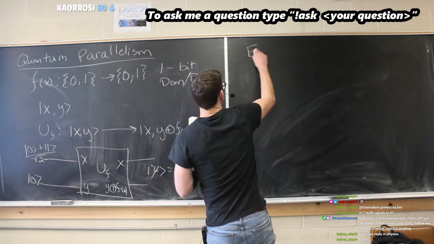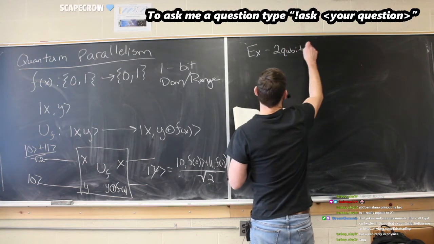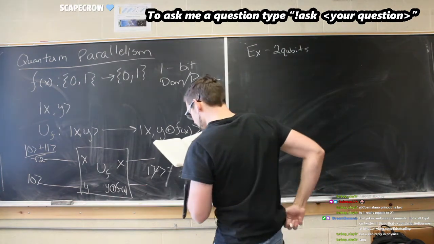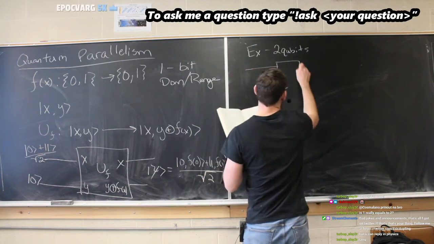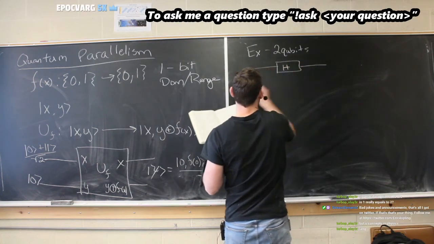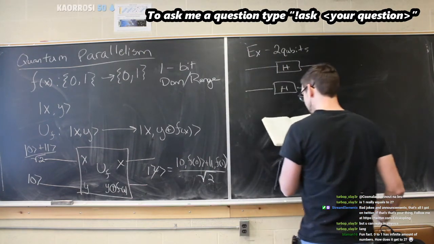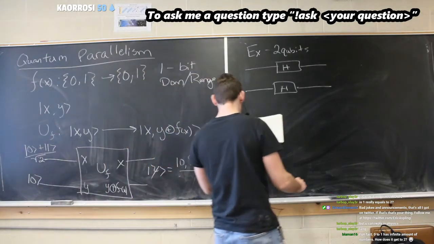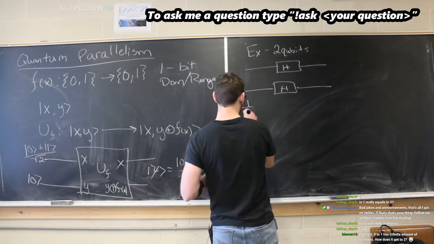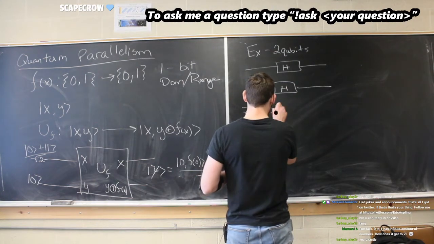For example, if we put 2 qubits into Hadamard gates, first let's draw our diagram. We'll have 2 qubits, 2 Hadamard gates. Then we could get something like entanglement in some sense, a nice arrangement of a large state.